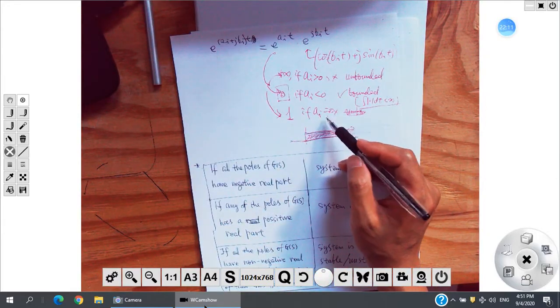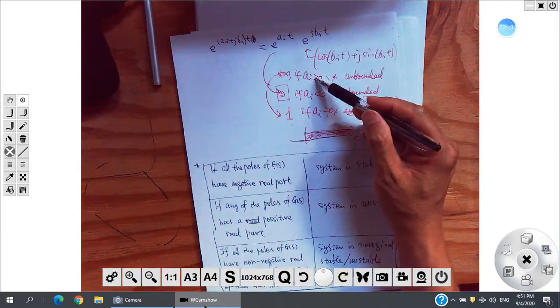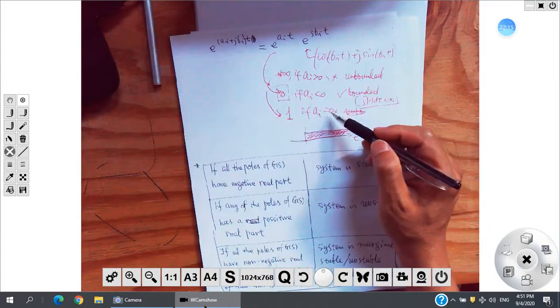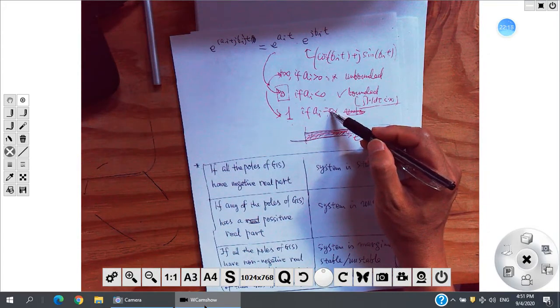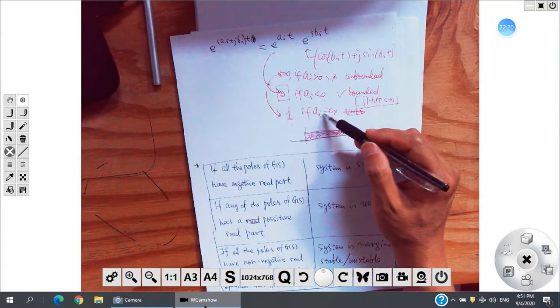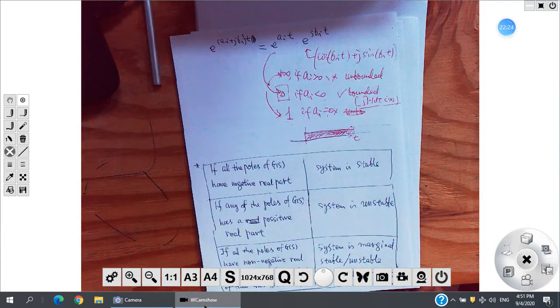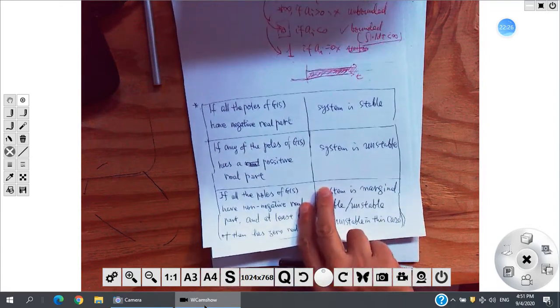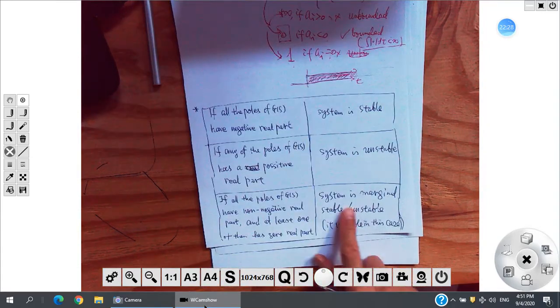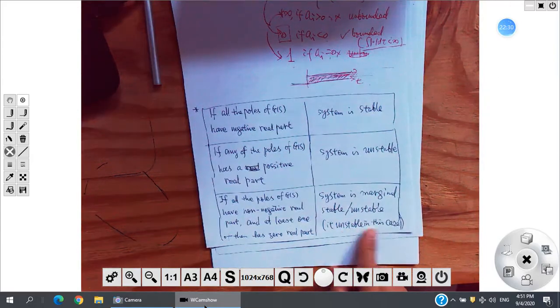The poles are on the bound between larger than 0 and smaller than 0; here it is equal to 0. So we call the system marginally stable or marginally unstable.